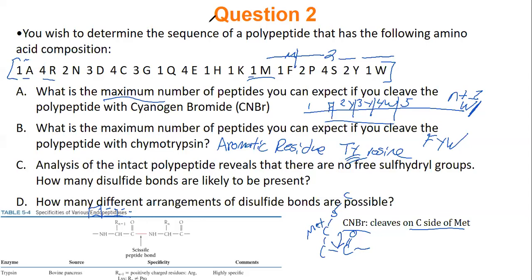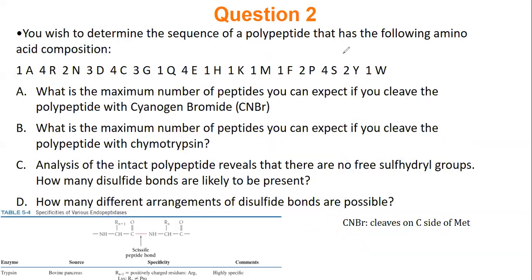All right, let me erase this. C. You are looking, oh, we do have a question. Yeah, we're cleaving after the F, Y, and W, right? And so there's 4 of those. And so if you cleave after it, so F, Y, Y, W, that'll leave you 5 pieces.